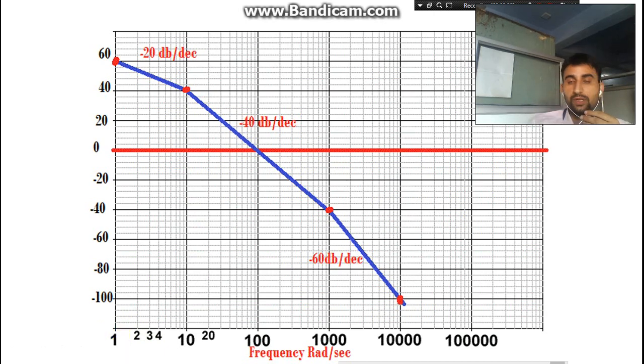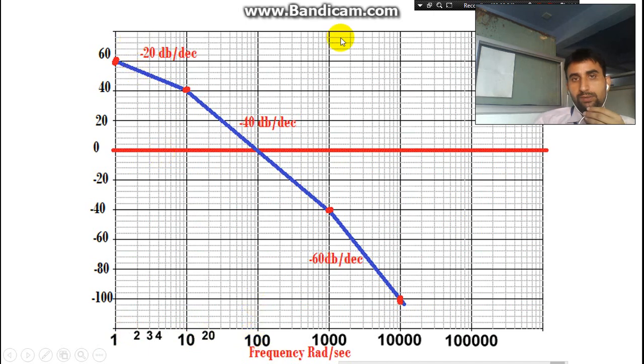If your lowest frequency is 1, you can start with 1. If it is 0.1, you can start with 0.1. If it is 0.01, you can start with 0.01, and if you start with 0.1, the next thick line will be a multiple of 10, that means 0.1, 1, 10, and it goes on.